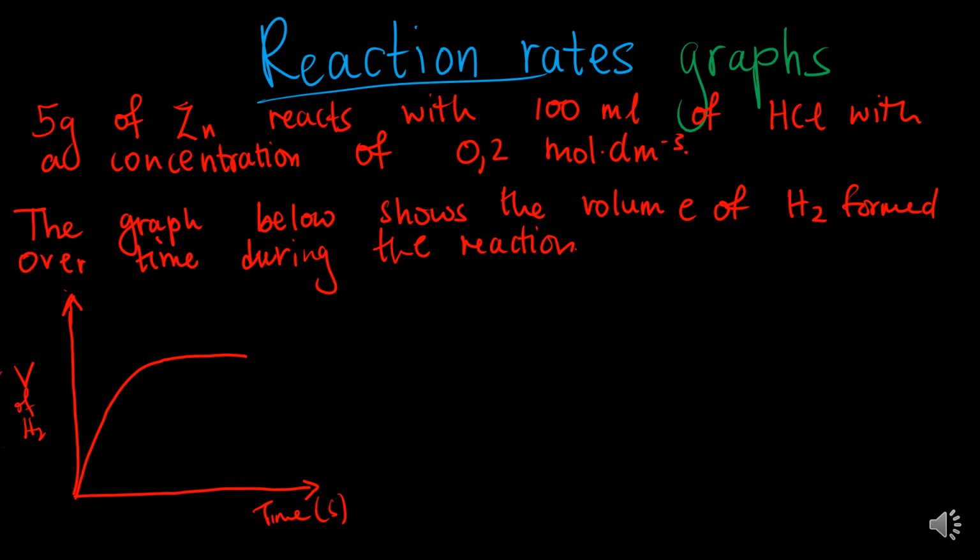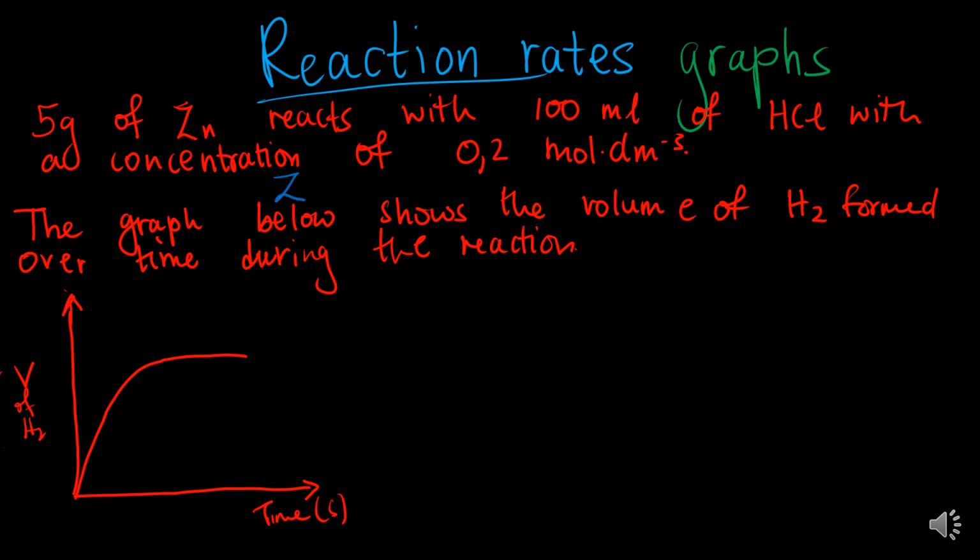So given a brief reaction scenario here, they're saying that 5 grams of zinc reacts with 100 milliliters of HCl with a concentration of 0.2 moles per decimeter cubed.